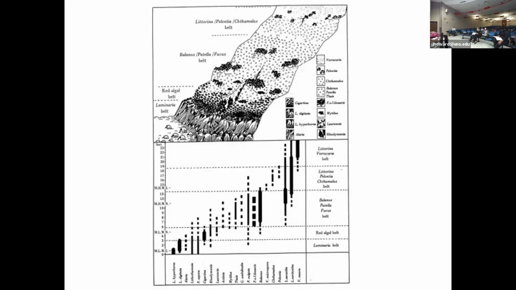Balanus occurs down here in the low intertidal. All right, that pattern is not competition. It is ecological segregation. But we have an opportunity to ask what produces this pattern. Is it competition, or do the two species have different niches?